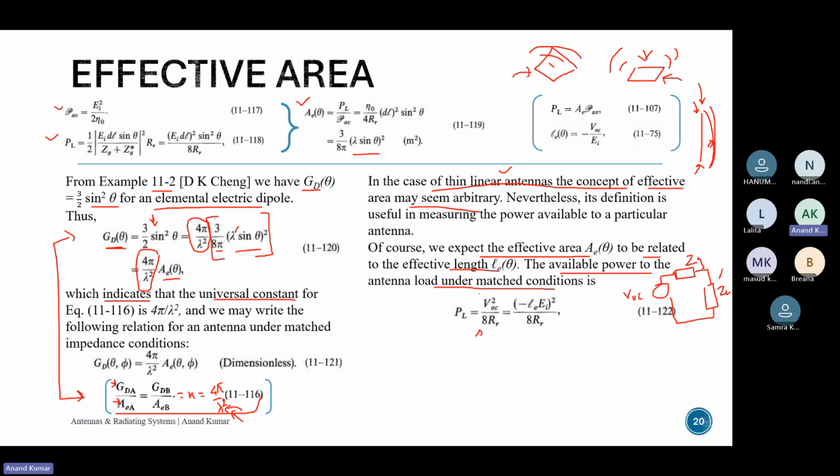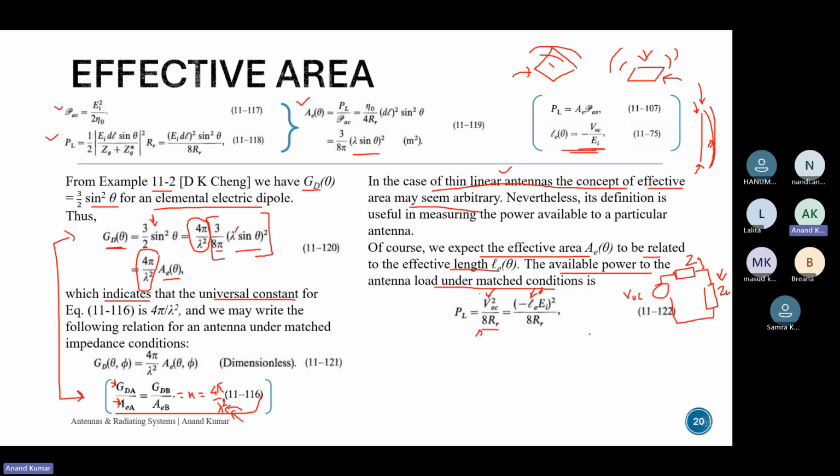The power delivered to the load under matched conditions is V_OC square upon 8 R, and the open circuit voltage which is generated is equal to the effective length into the incident electric field, which we saw in the initial classes.